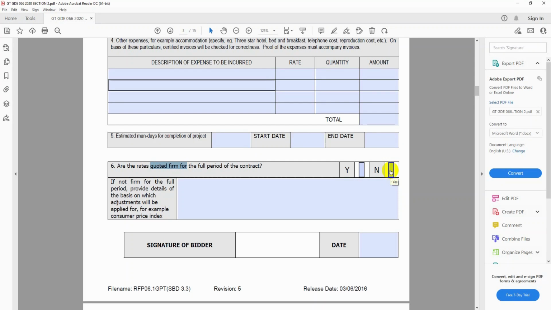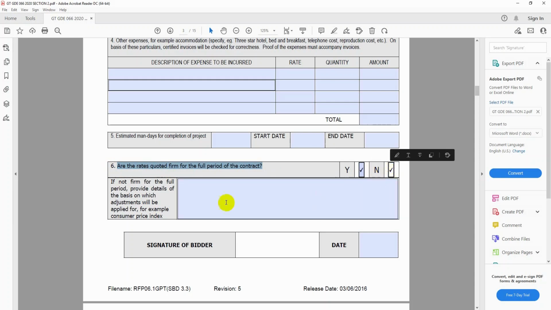It cannot be a fixed amount. Everything here, maybe your sanitizers and things will go up. The petrol will go up when you travel to go buy your stock and everything. Things will go up. So your prices here cannot be quoted firm. They cannot be fixed.